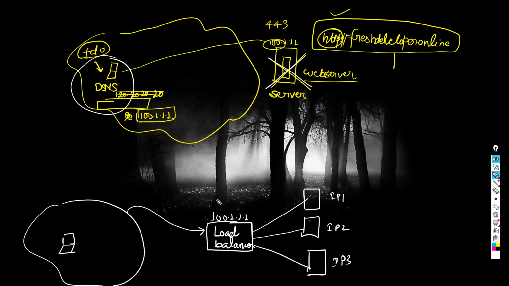What this load balancer will do is keep checking and monitoring the servers: which is available, which is down, which is working or not. Whichever server is available or online, it will send the request to that server.